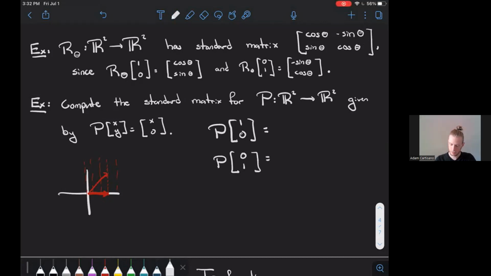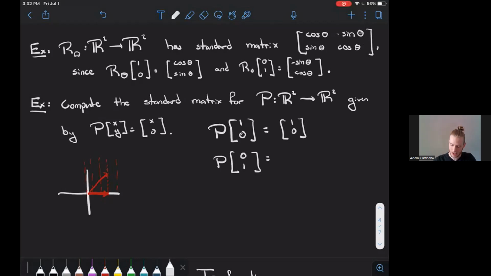Well, P of 1, 0 is 1, 0, right? The rule is keep the x coordinate what it is and make the y coordinate equal to 0. That's 1, 0. That was not very helpful.